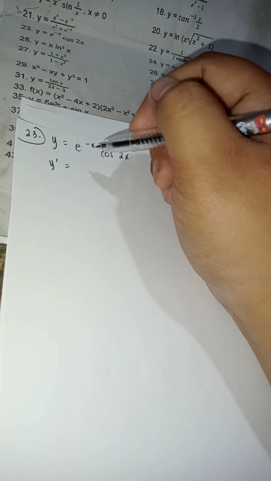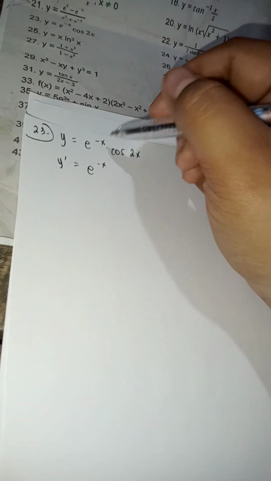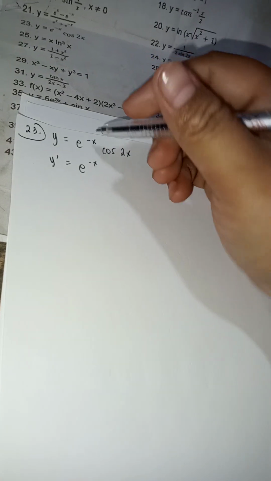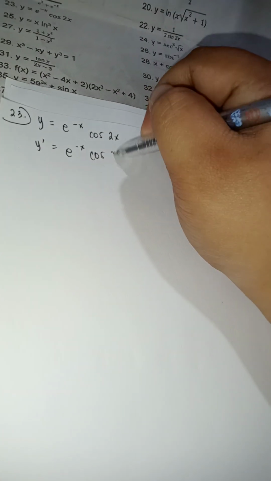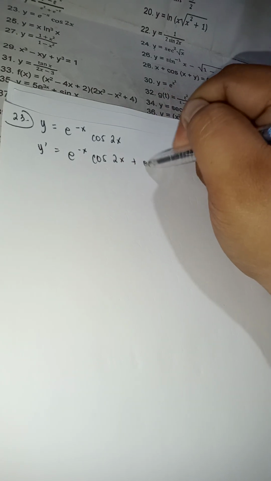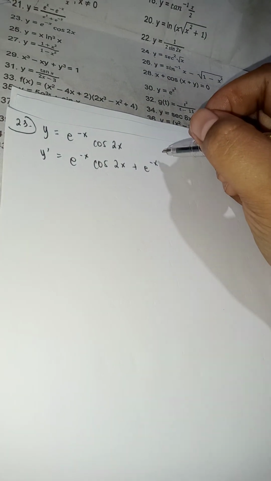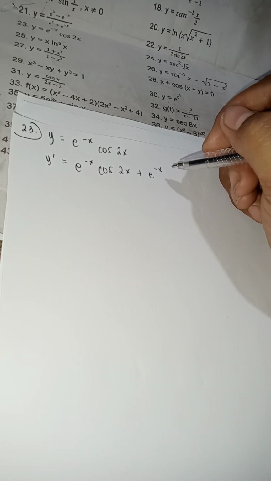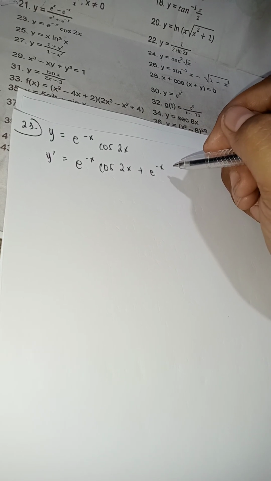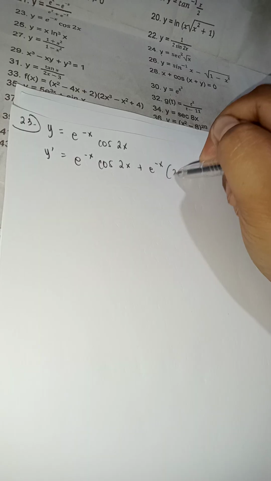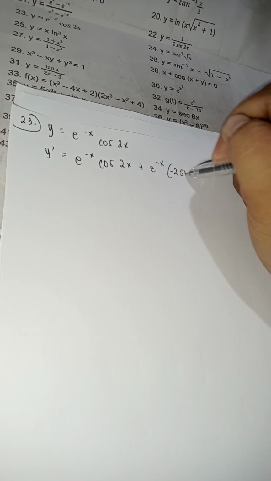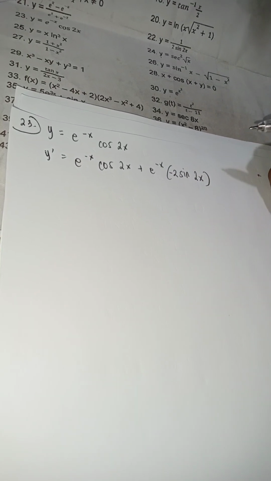So y prime is equal to, copy e to the negative x, since if we get the derivative of e to the negative x, it remains e to the negative x, copy cos 2x, plus e to the negative x times the derivative of cos 2x, which is negative 2 sine 2x.